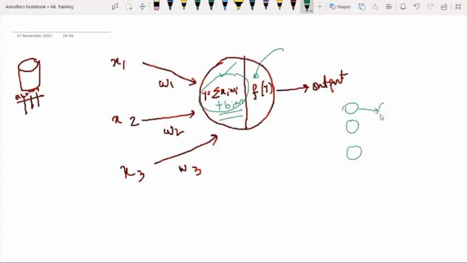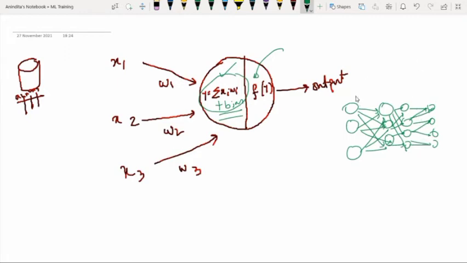So these are the neurons, and they are interconnected like this. And see, we have many to many connection. Here also we will have many to many connection like this, right? So this is the first point. So this kind of connections we have.